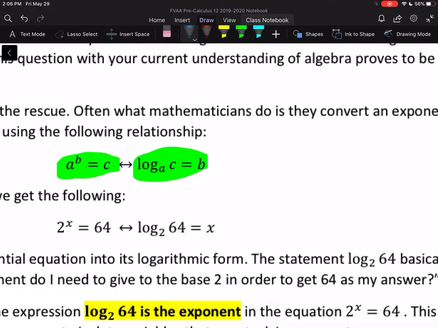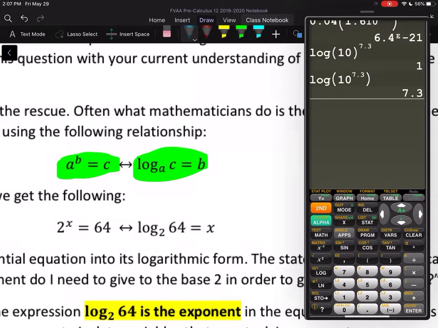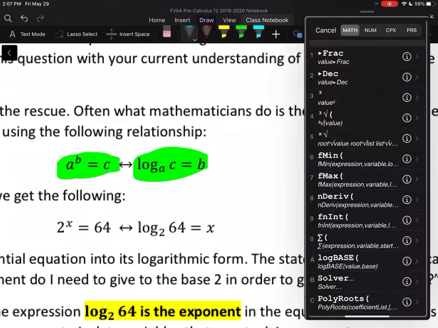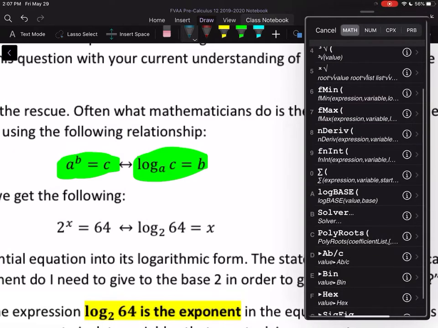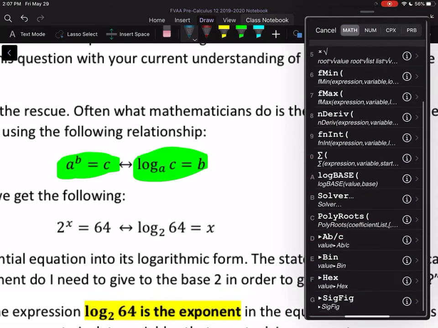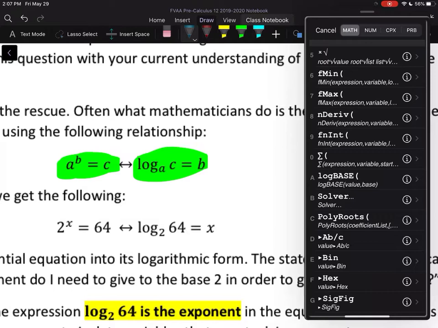Okay, I did want to add another way that you can think about this. You can also do, because some of you guys' calculators, you may be using a TI-84 or TI-83. The TI-84s, when you go into math, you have the option called logBASE, beside A here.